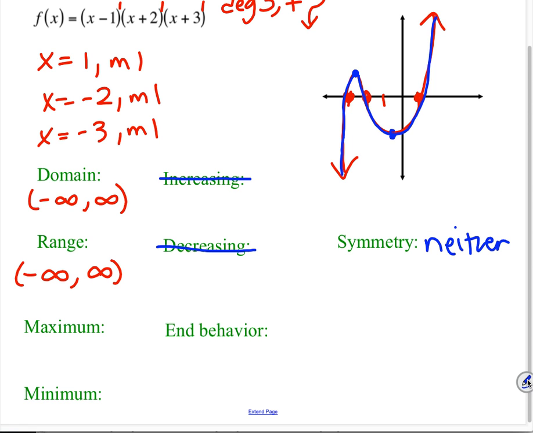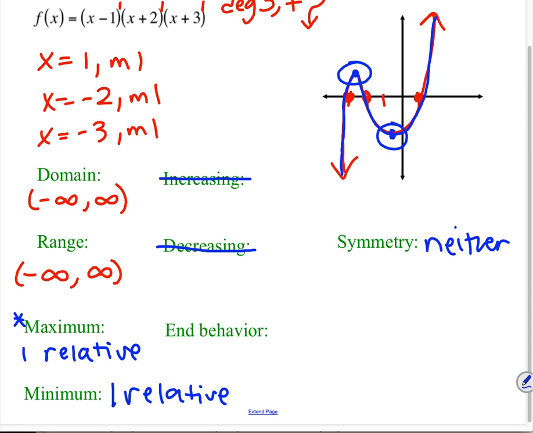There are no absolute mins or maxes here, but there is one relative maximum, which would be right here, and one relative minimum, which would be down here. If you use a calculator and you want to list those points, you could, but I'm not going to require you to list the actual value for those on the assignment.